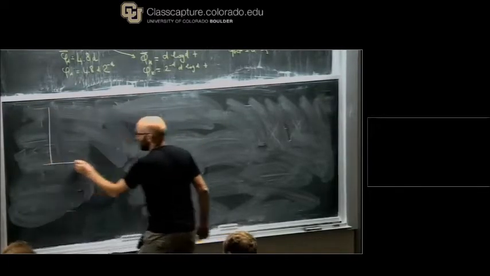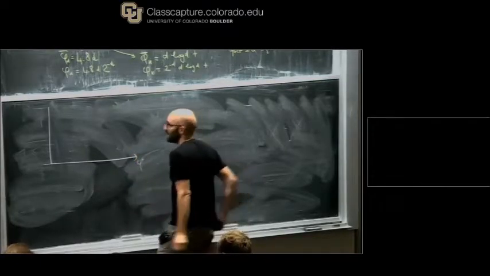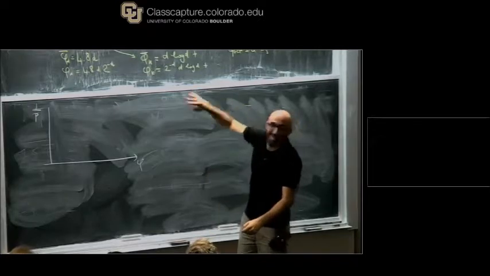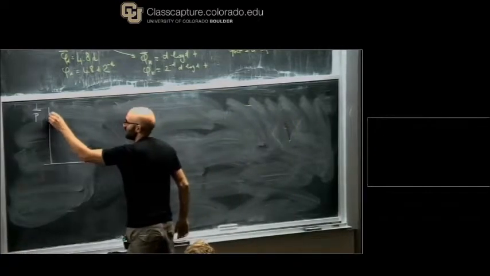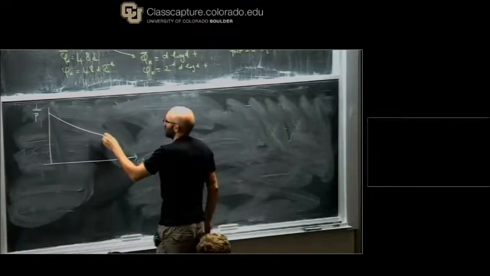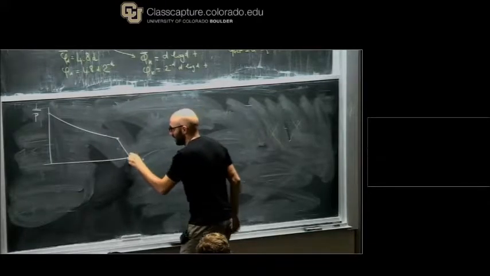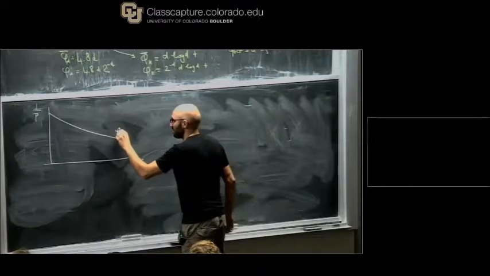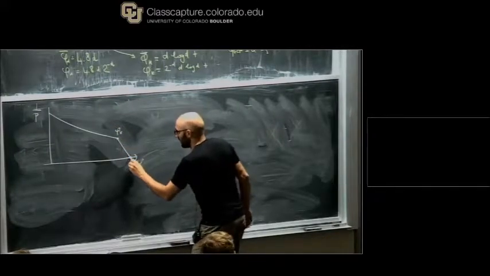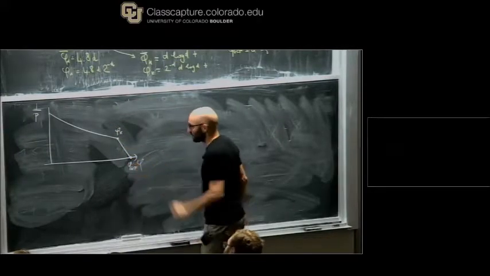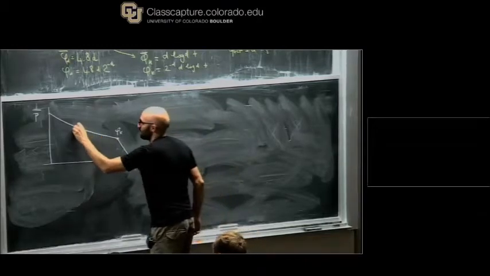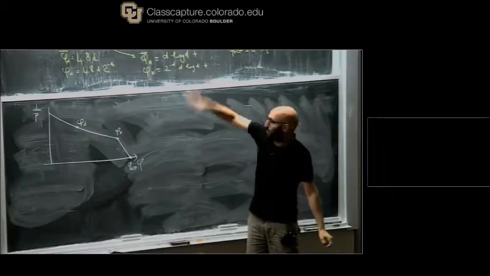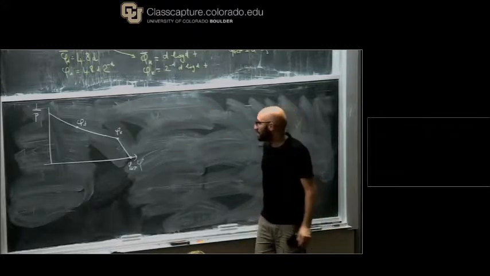I put density here, but I put 1 over pressure instead of pressure. Why am I doing that? Because in this way it's easy to draw the infinite pressure lines. So this is my equilibrium. Here I have the Kauzmann point, here I have the GCP point, and somewhere I have the dynamical point. So it's the same as above, but I'm inverting.